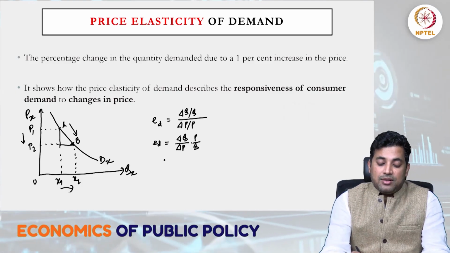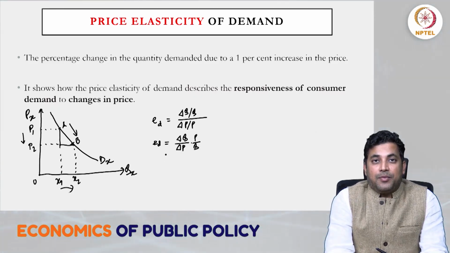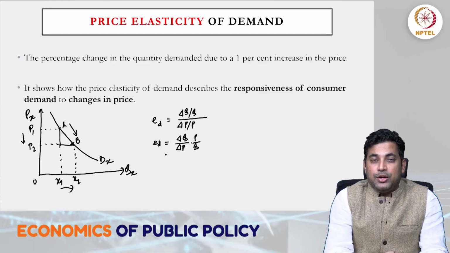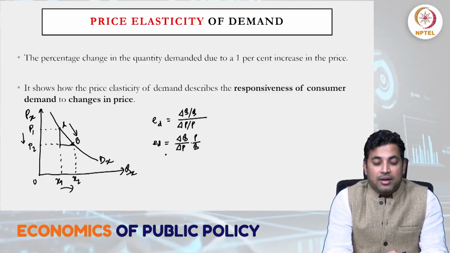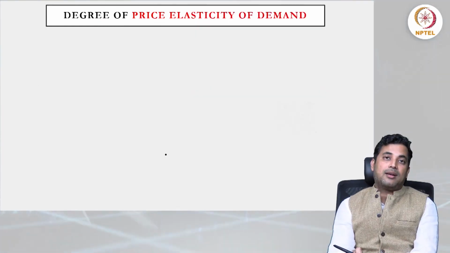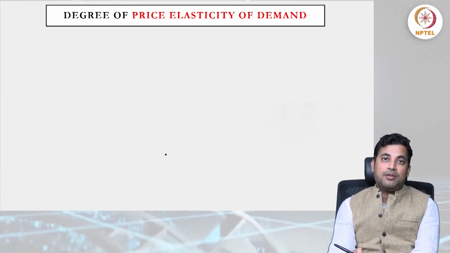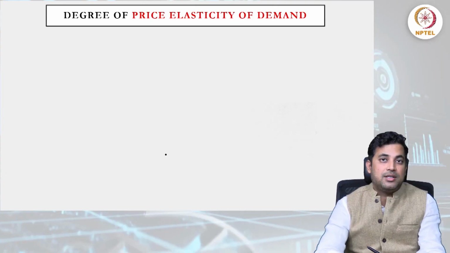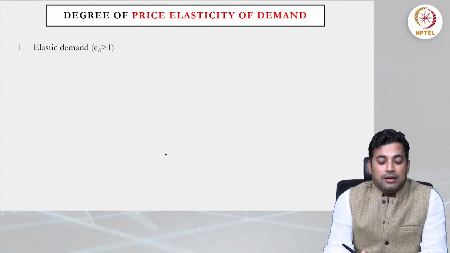By this definition, price elasticity of demand will have different values, and different values will mean different things. For instance, let us understand the degree of price elasticity of demand depending on its various values. Let us begin with elastic demand.